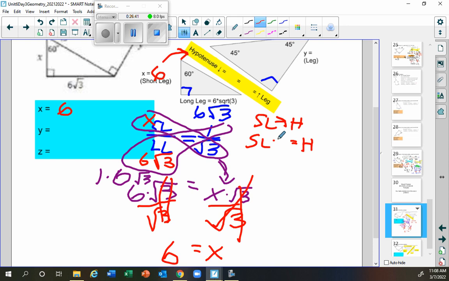Short leg to the hypotenuse, just multiply by 2. So therefore, the hypotenuse is what number? So if 6 is a short leg, the hypotenuse must be? No, too much. Just multiply by 2. No squaring. It's just 6 times 2. 12. Yep, that's all it was. Yeah, 6 times 2.